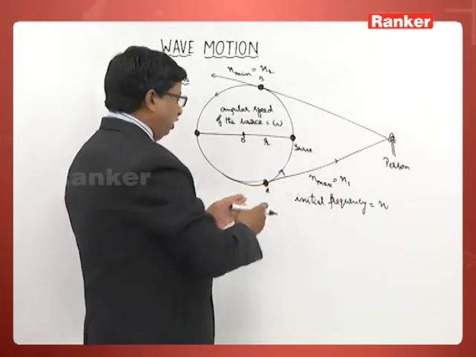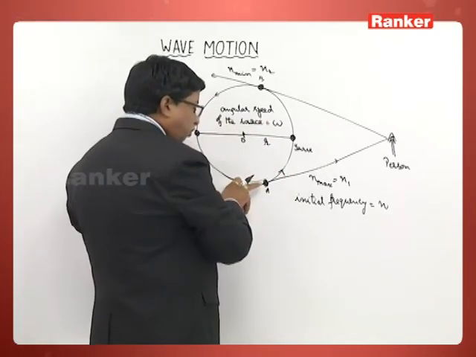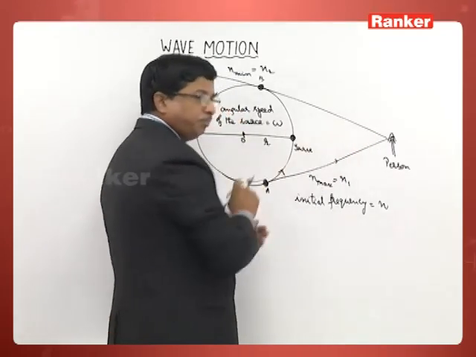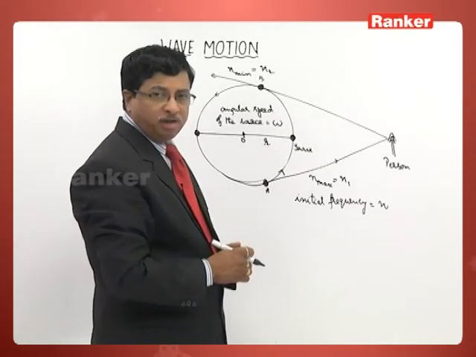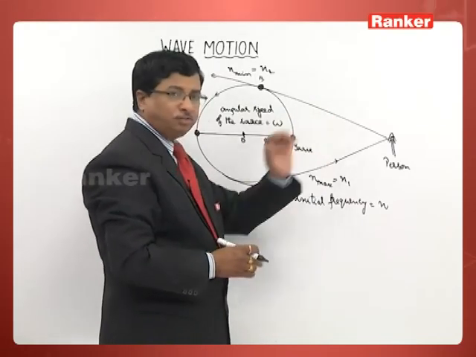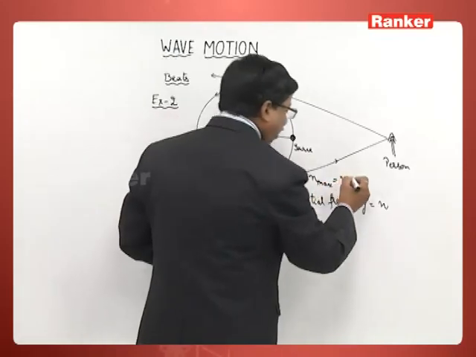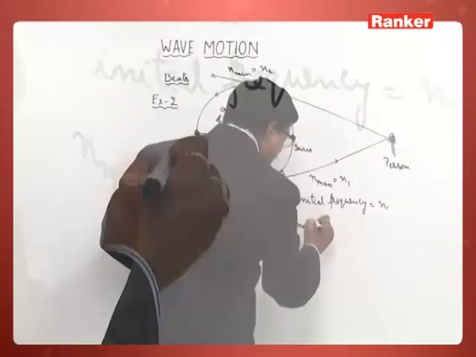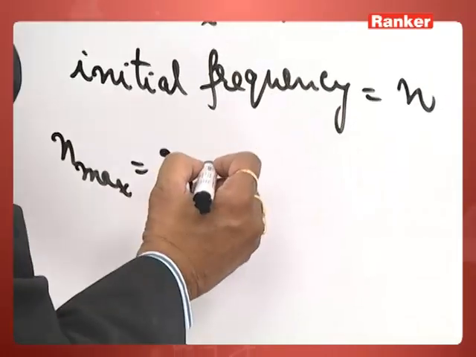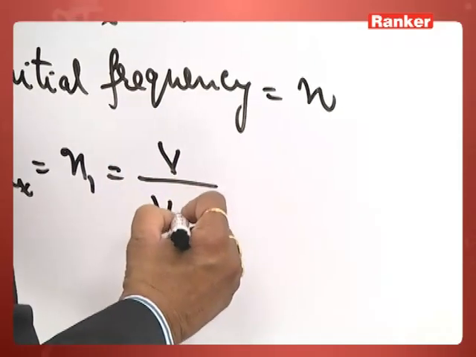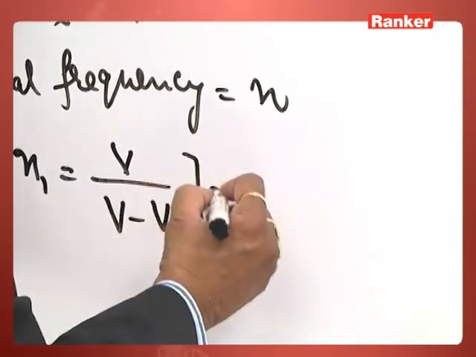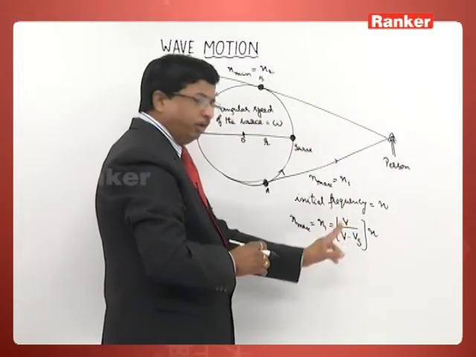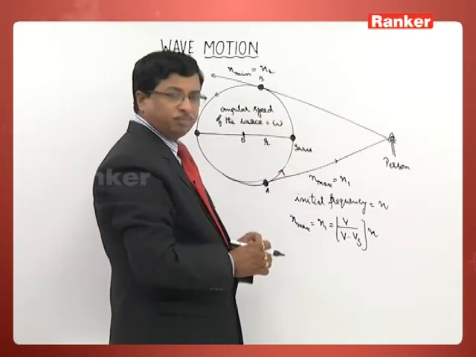What we should understand here is, when it is moving like this, it can be taken as source moving towards the stationary observer. Doppler effect of course we can apply. Source moving towards the stationary observer, when I write this N1, which is the maximum frequency of the sound heard by him, that N1 now becomes V by V minus Vs into N. We can all understand well that V is the speed of sound in air.